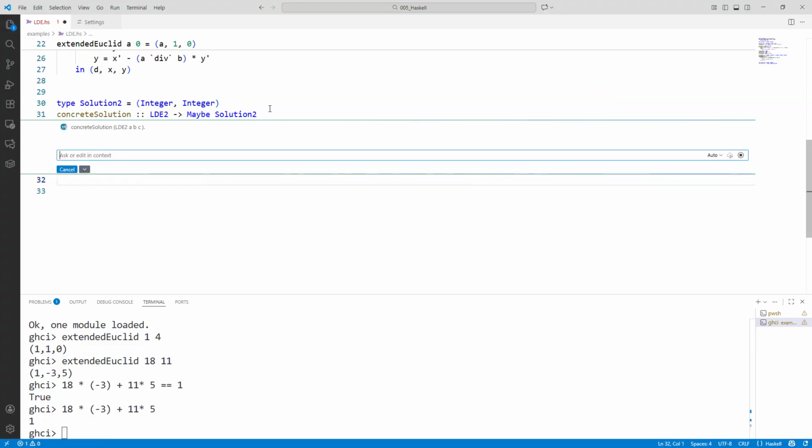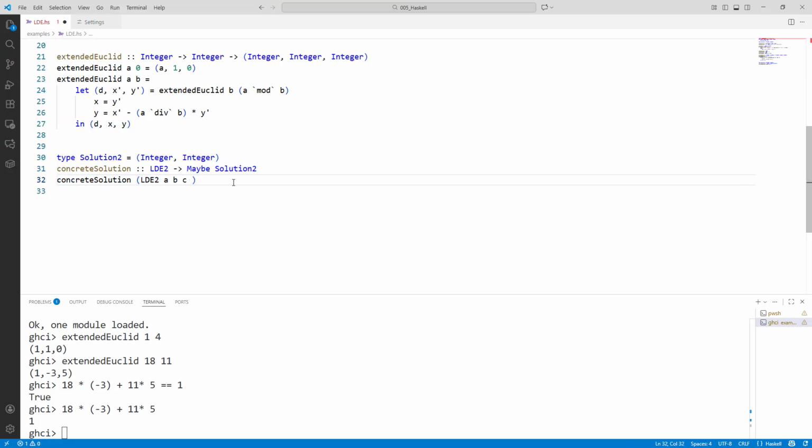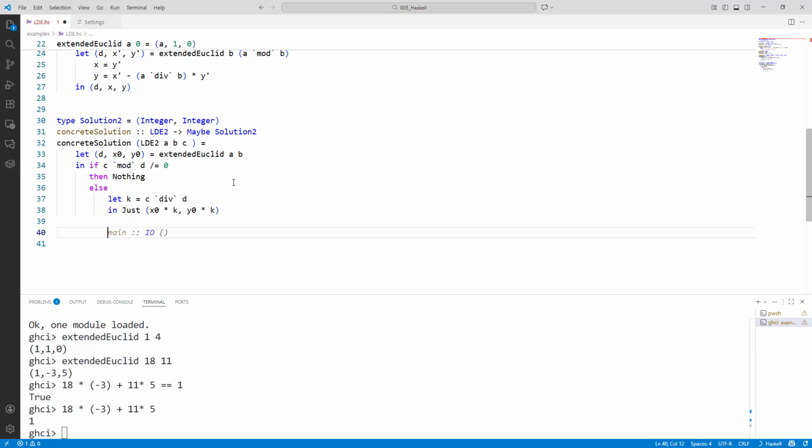Copilot is actually doing great stuff. Let's just examine the thing. Okay, let D, X, Y, I mean, it would be X prime in our case, Y prime, just because we can do it, but obviously Copilot doesn't like it. Extended Euclid A and B, that's perfect.